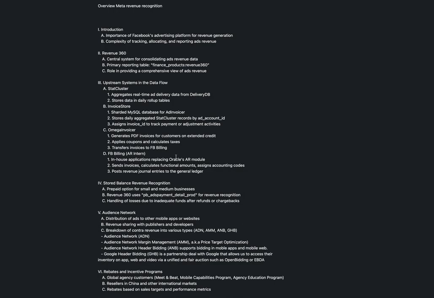The last one is the FB billing, which is a tool that now actually integrates with Oracle. Its big work is actually sending the invoices and calculating the functional amount, which is what we use for revenue recognition.